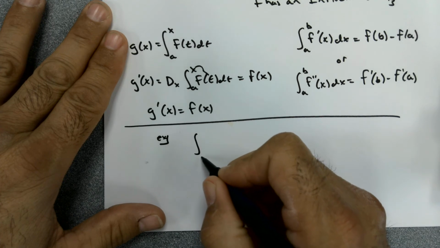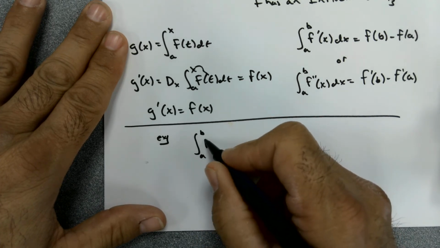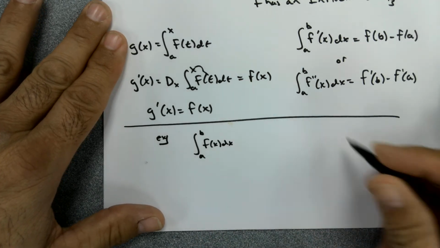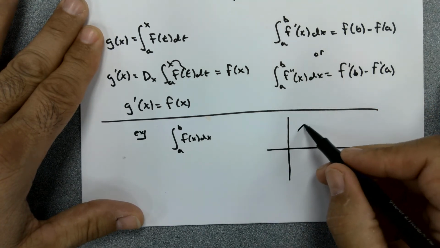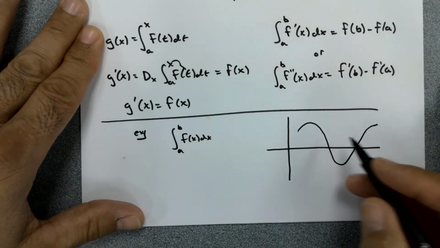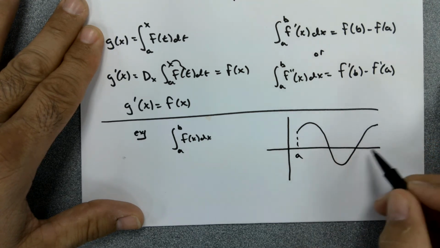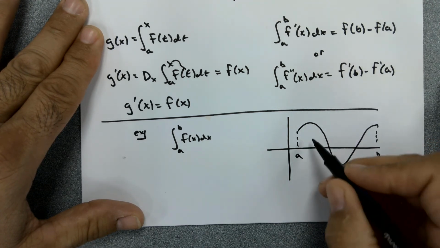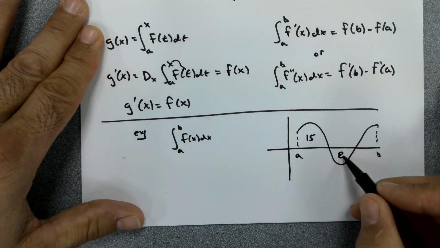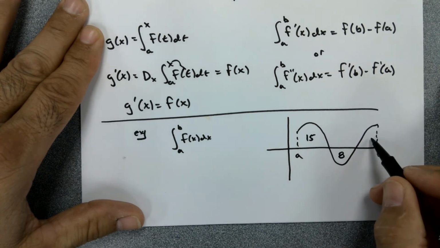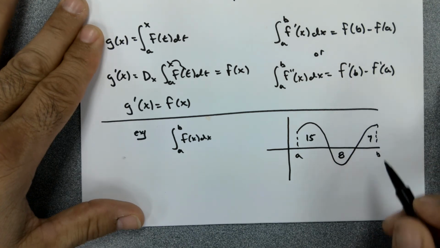And let's say we want to integrate from a to b of f of x dx, and let's say we have a function that looks like this. Let's say it does this, and here's our a, and here's our b, and let's say this area underneath here is 15, this area is 8, and this area is, oh, I don't know, 7.